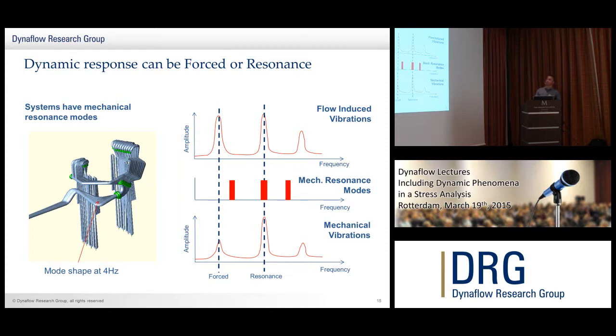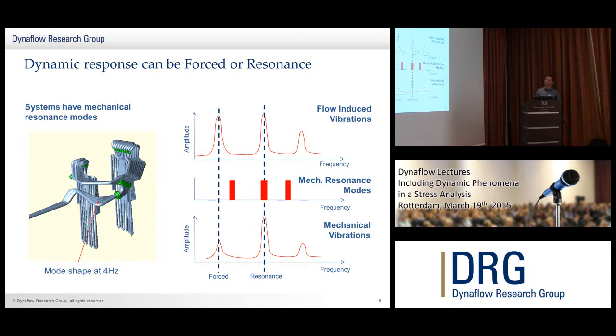So what's shown here is a frequency spectrum of flow-induced vibrations. Okay? So you see here amplitude, peak here, peak here. Okay? And what's shown here in this middle line is the mechanical response modes of our system. Okay? And this is on our mechanical vibrations, so what we actually measure in the piping system.